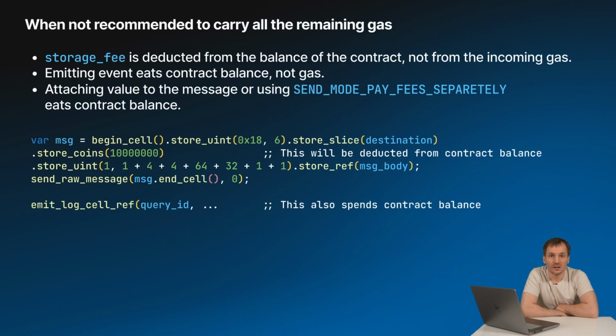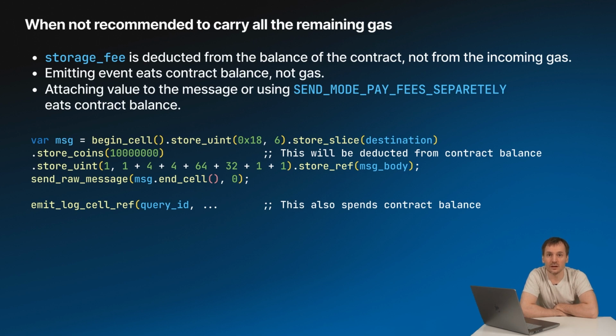First, storage fee is deducted from the balance of the contract and not from the incoming gas. So if there are no other non-linear handlers in your contract, then over time storage fee can eat up the entire balance because everything that comes in has to go out. The second, if your contract emits events, that is, sends a message to an external address, the cost of this action is deducted from the balance of the contract and not from message value.